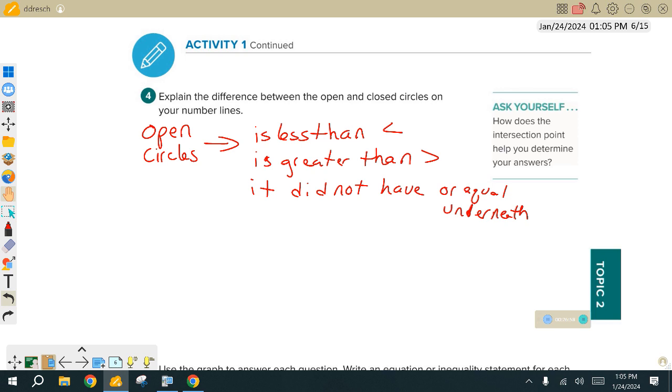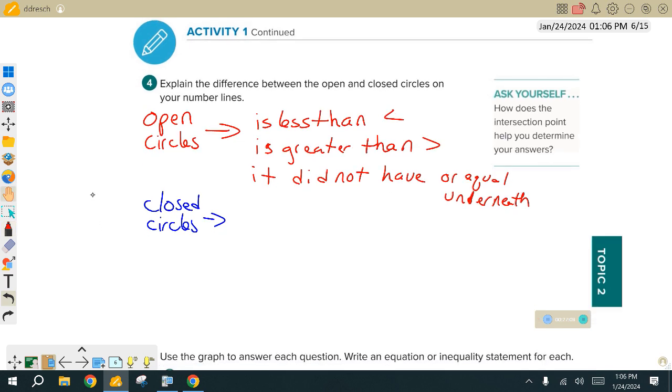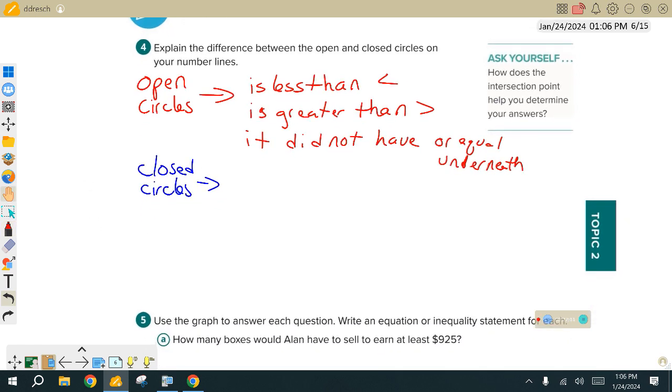When do we have the closed circle? With the closed circles, it's when it does have the line underneath. It does when it says or equal to.